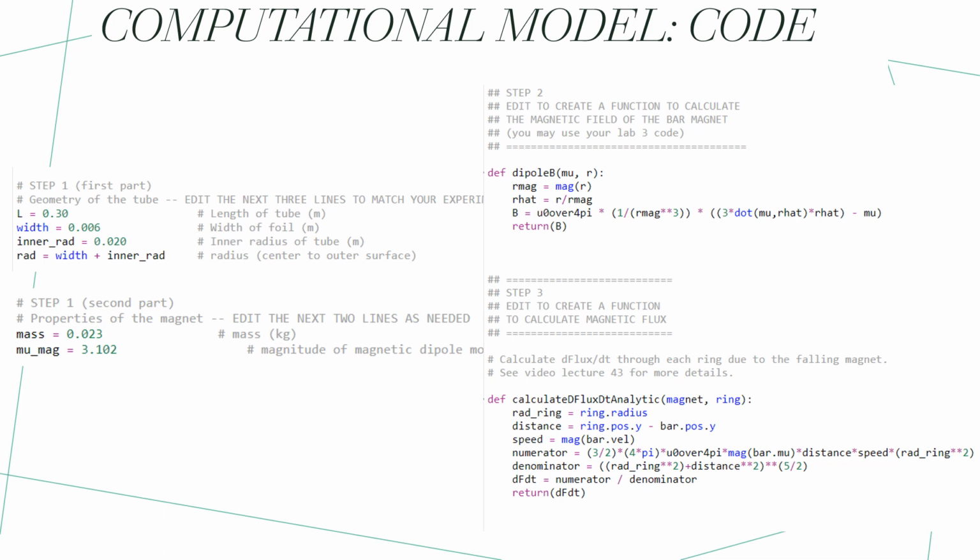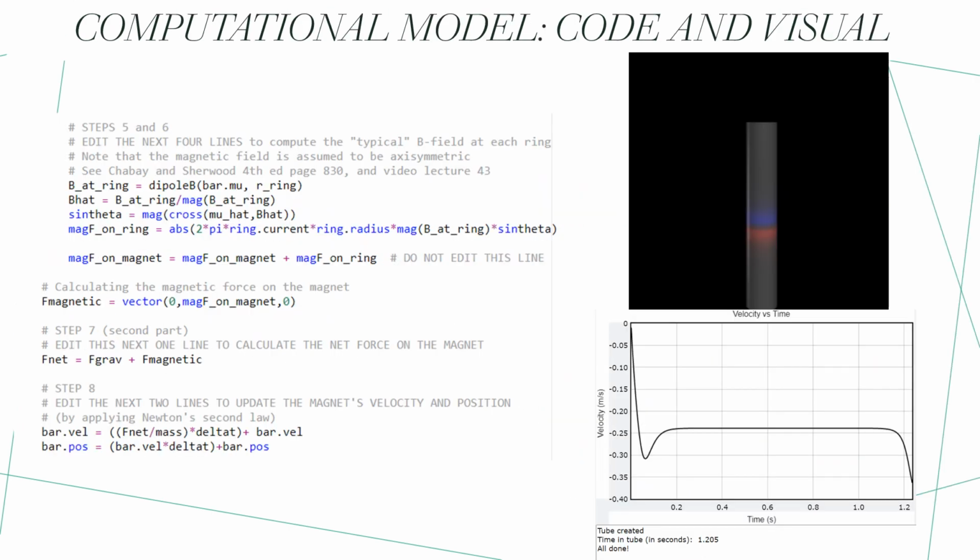And then below that, we had to edit and create a function to calculate the magnetic flux. This was once again using the equations that we know from class. After the magnetic flux and the magnetic field were calculated, these values could then be used in later calculations, which you can see here.